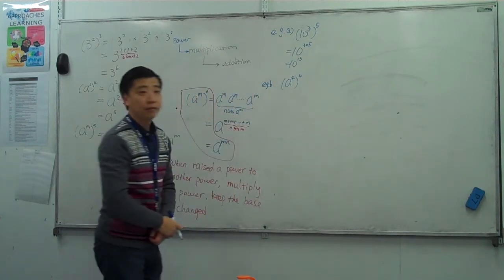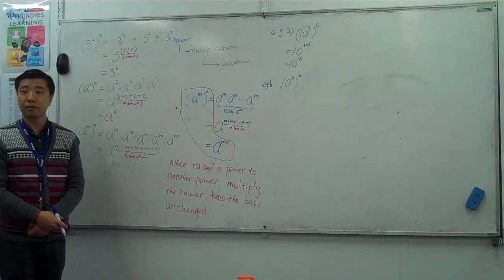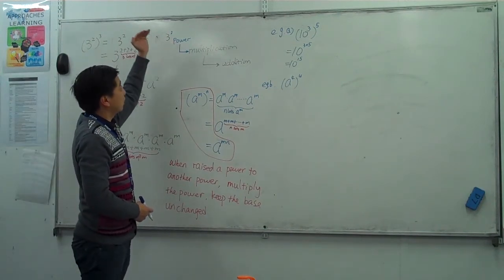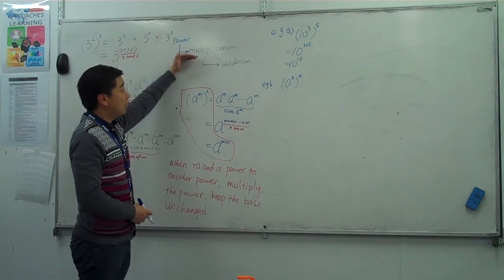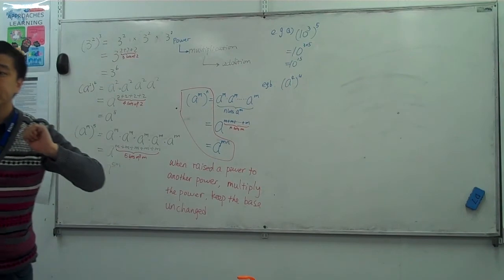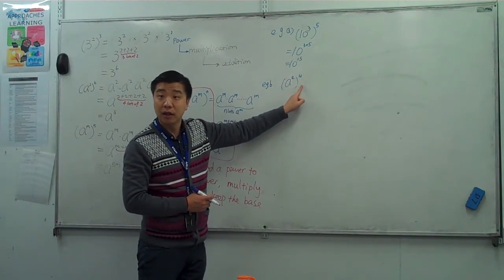Question B. A to the power of 4, to the power of 4. Firstly, check. Is it a power question, multiplication question, or addition question? What question is that? This question is raising the power to another one. Okay?